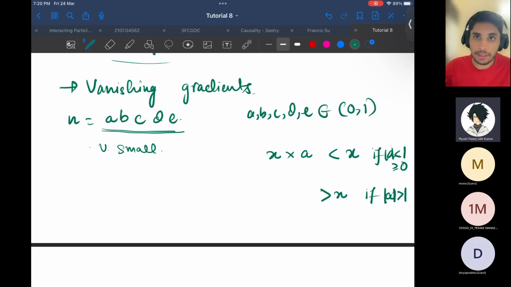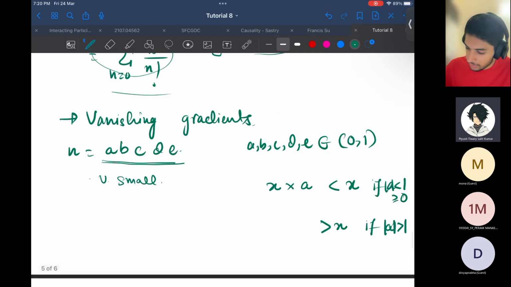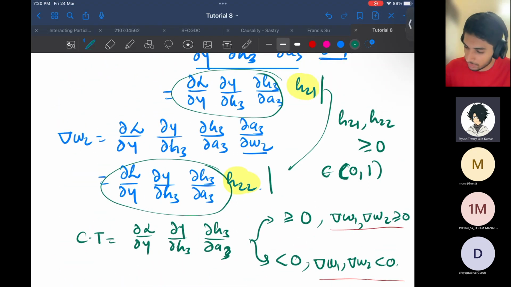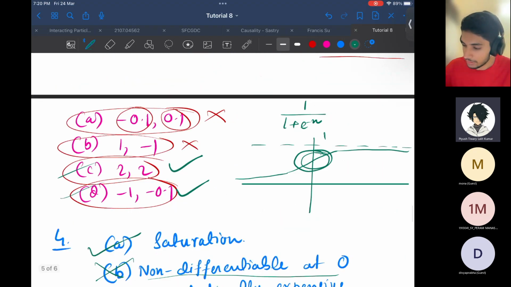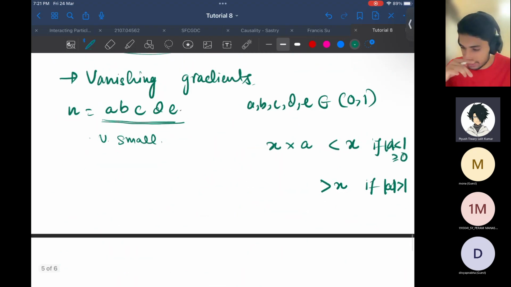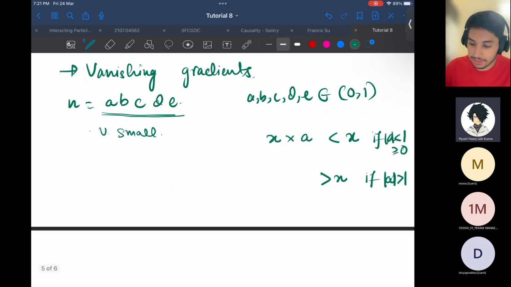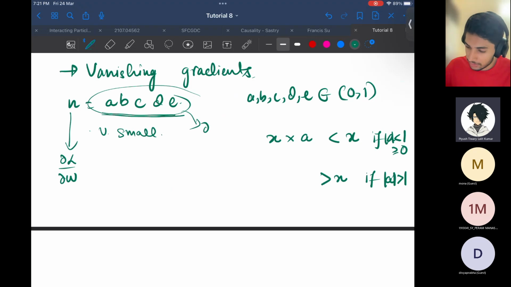In gradient descent, you can always see this term. Like here, we saw something called del y, del h3 by del a3, something like this. So let's say your gradients are like this: some del L by del w, and these terms are like your sigmoid function.